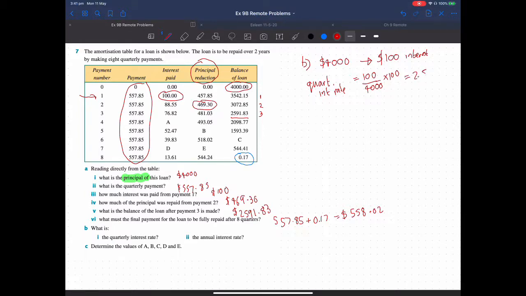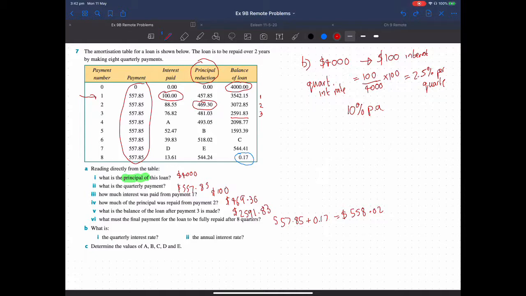But that's 2.5% per quarter. So there are 4 quarters in a year, so that would be 10% per annum. So my answers there are the quarterly interest rate is 2.5% per quarter. The annual interest rate is 10% per annum.